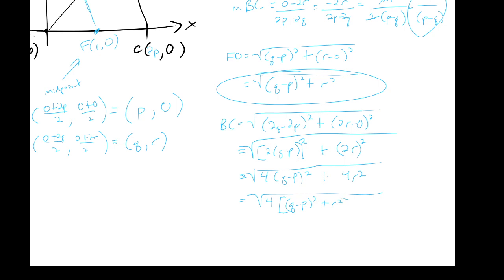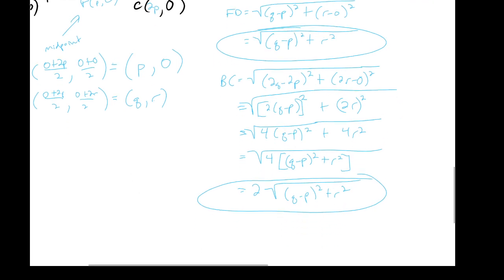Which is what we had way up above, right? But now I factor out that 4, it gives me a 2 radical Q minus P squared plus R squared, okay? And effectively we're done here because look at what we have. Go back up to this top. If we take 1/2 of BC, what that's going to be is half of that 2, which is just going to be the square root of Q minus P squared plus R squared. So take a look. Now this guy is totally equal to what FD was. So then we've proven our case.